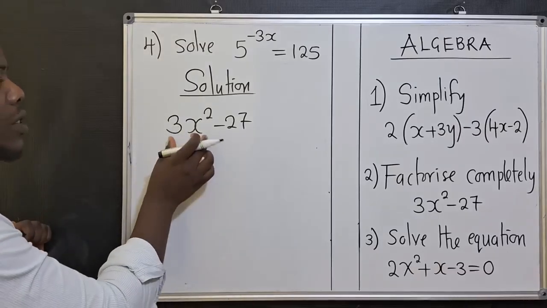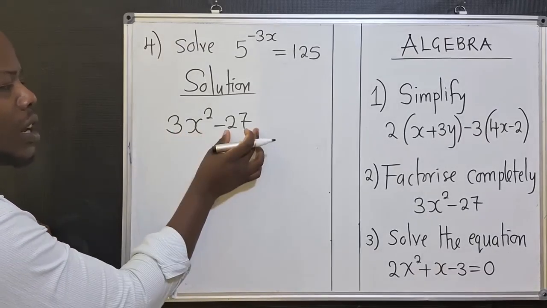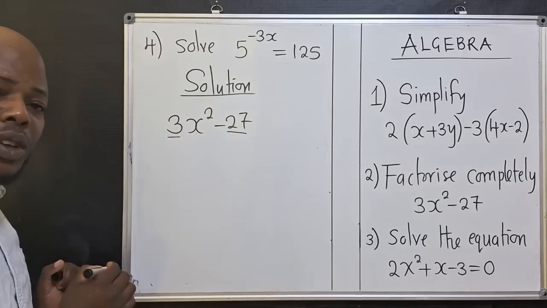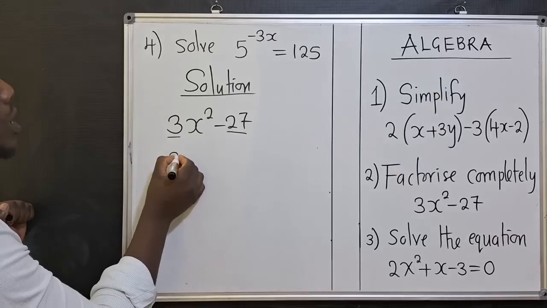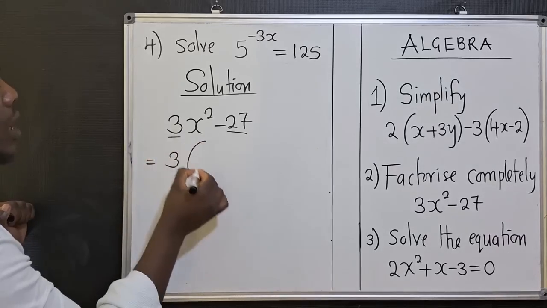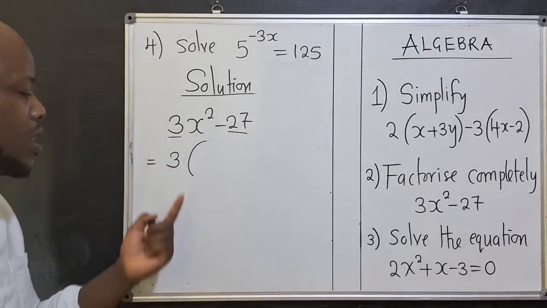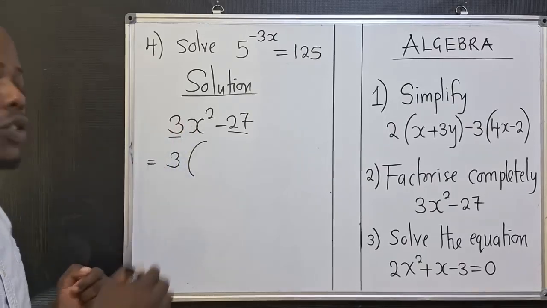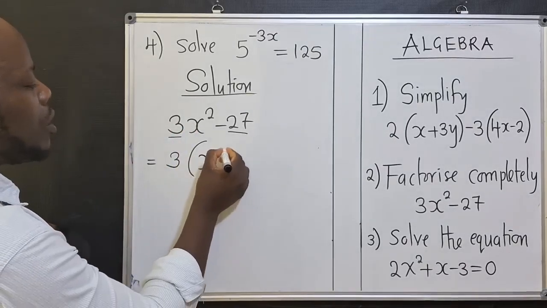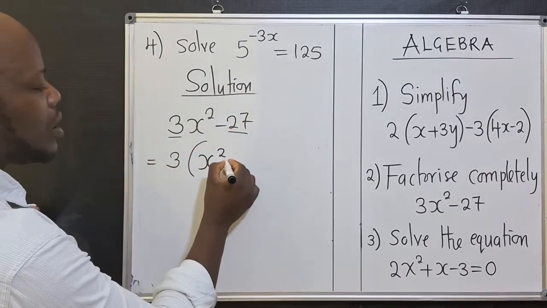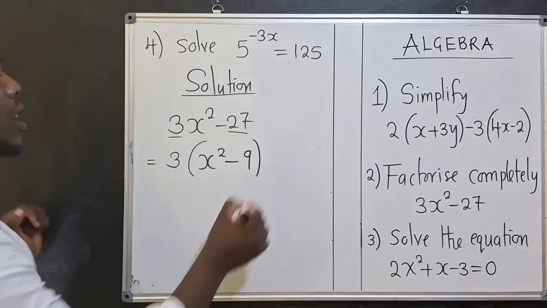We check, is there anything that is found here and here? There is a 3 here, and 3 can go into 27. So 3 will be written outside, like this. Can you see what I've written? 3 is outside. And then we say 3 into 3x power 2, that is x power 2. What about 3 into negative 27? That is negative 9. Like that.